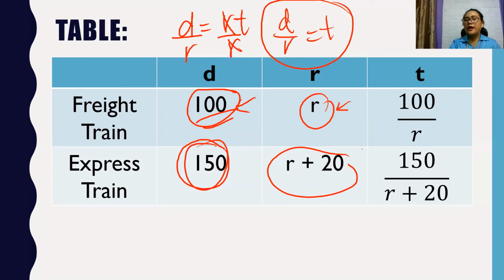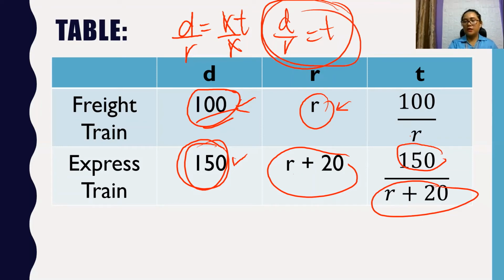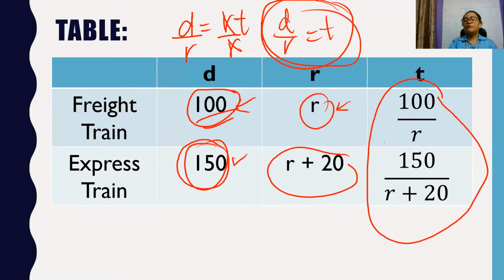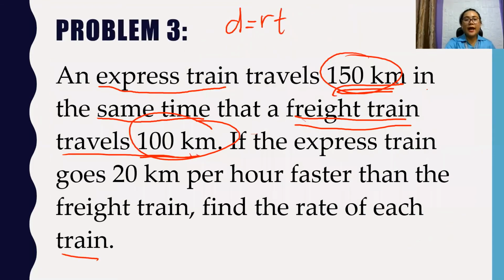And dito naman sa express train, sa pangalawa, yung distance daw ay 150. So, ito. And the rate now is R plus 20. So, ito yung formula na ginamit mo. Meaning, ano bang gagawin mo sa dalawang formula? Sabi daw na ang time ay same time. When we say same time, class, that means equal.